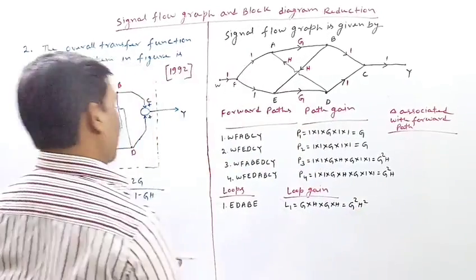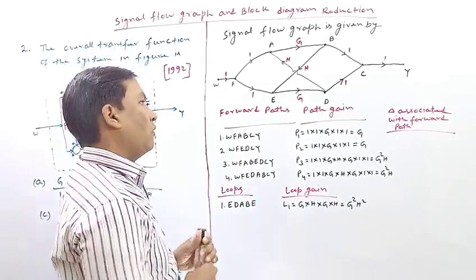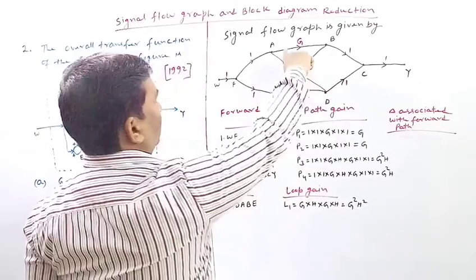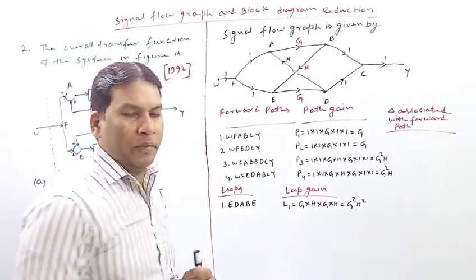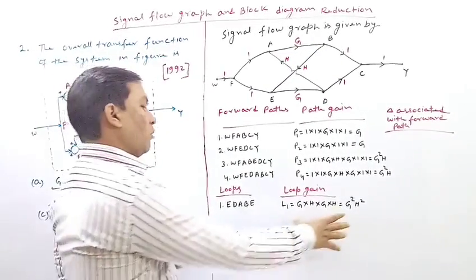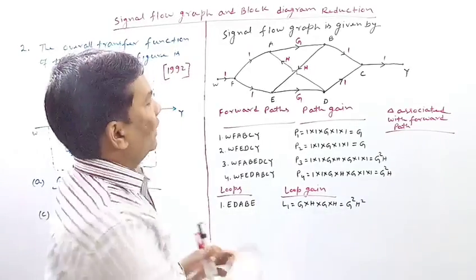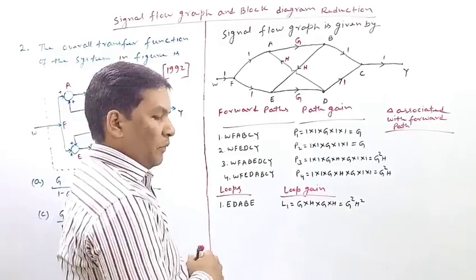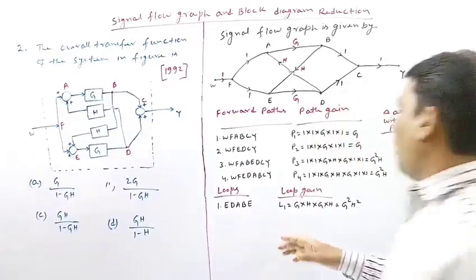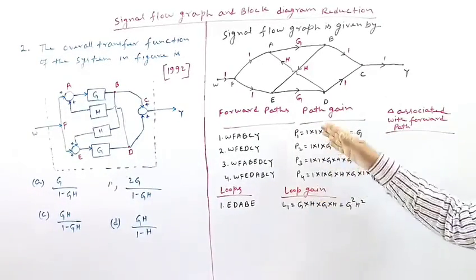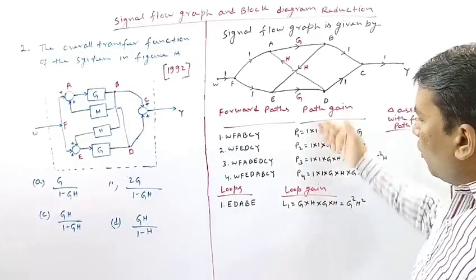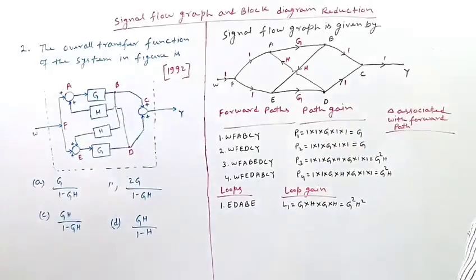Let us see whether any more loop exists or not. There is no possibility of any more loop. So there is only one loop in this system. Now we can see that all the 4 forward paths touch this loop, or we can say that this loop touches all the 4 forward paths.